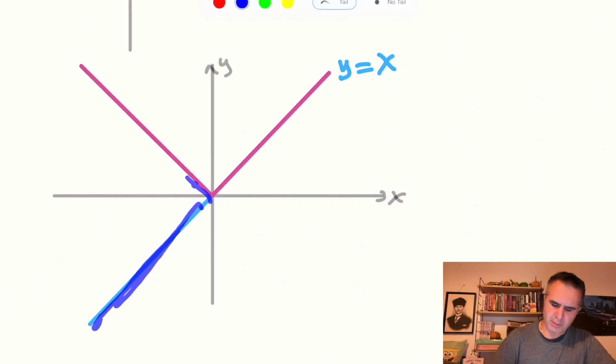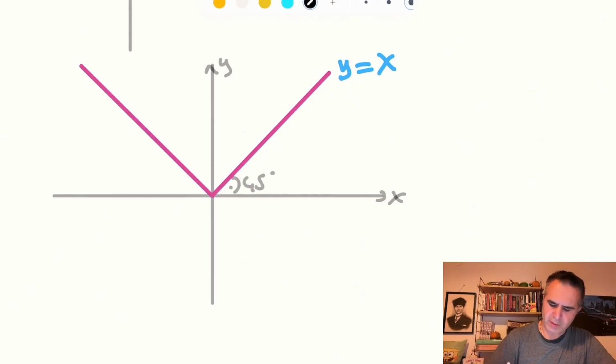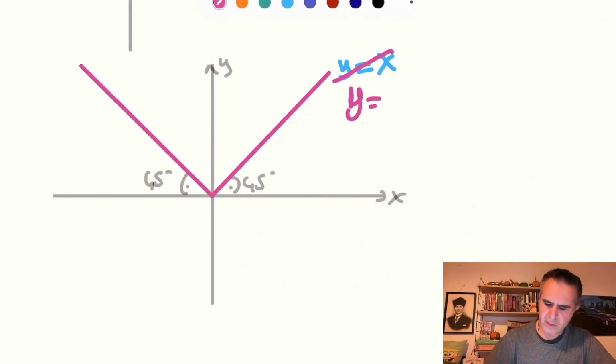This part comes up. Then you should know that this is 45 degrees and this is also 45 degrees. Now this graph is y equals absolute value of x.